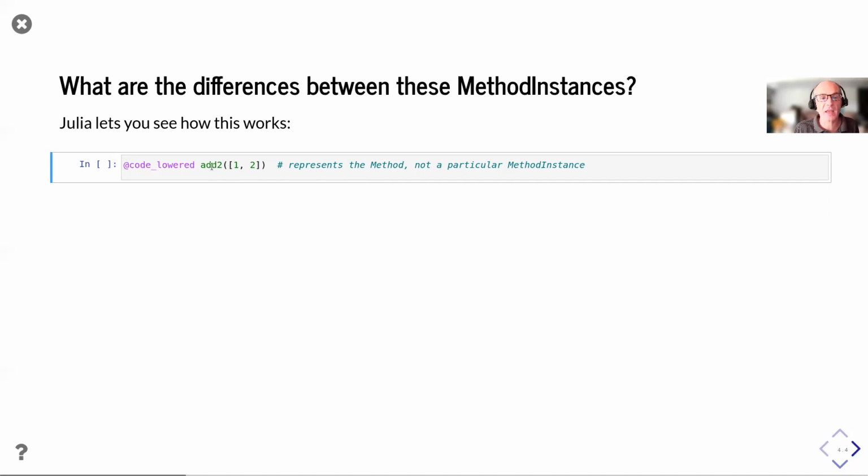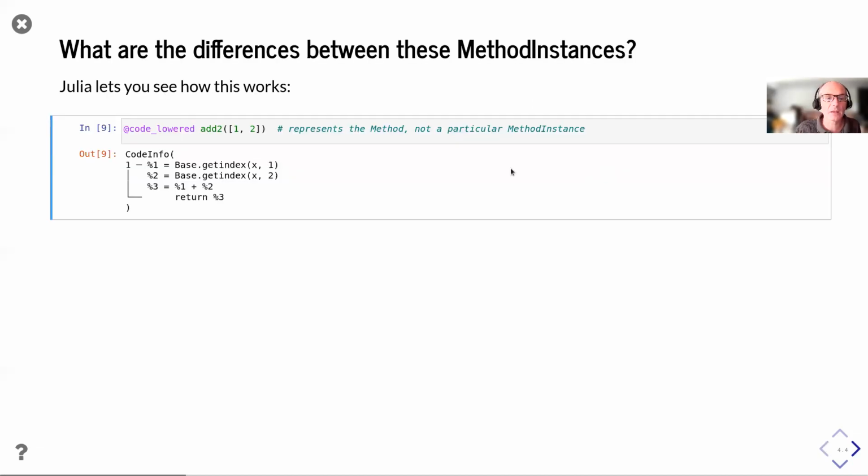So we would get the same output from @code_lowered for essentially any iterable container that we passed in here, because there is only one method. If we run this and look at the output, this is a little bit complicated. As I warned you, we really are looking under the hood at how Julia actually stores and represents code internally. So it is going to look a little bit different, but I think these cases will be simple enough that they should be fairly clear.